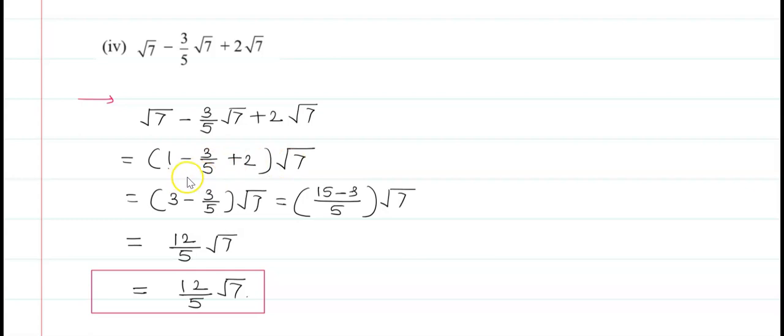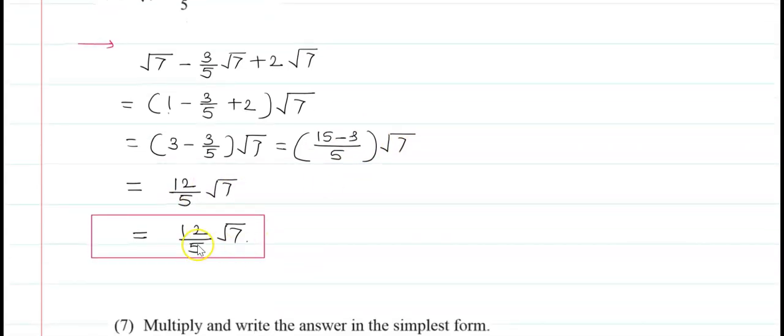Now we'll simplify: add 1 plus 2, that is 3. Again here is a simplification. Let us make the LCM, multiplying this by 5. Then you will get 15 minus 3 upon 5, into root of 7. That is 12 upon 5 into root of 7, that is 12 upon 5 root of 7.